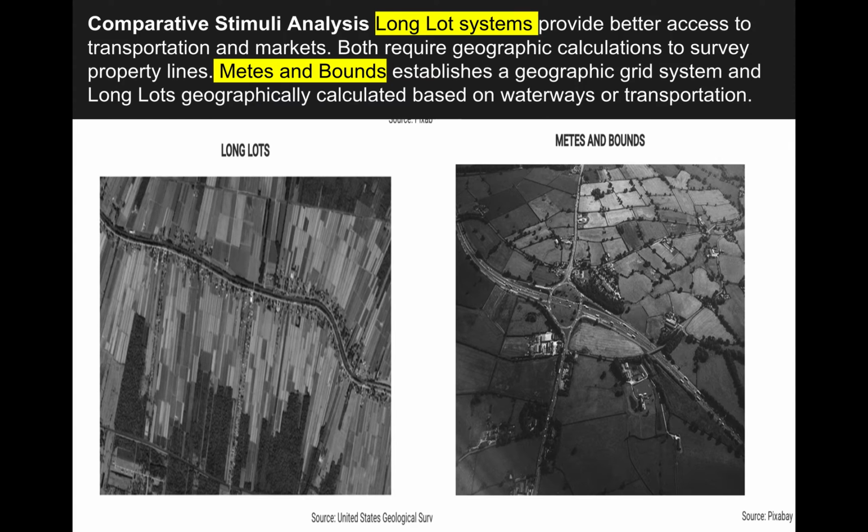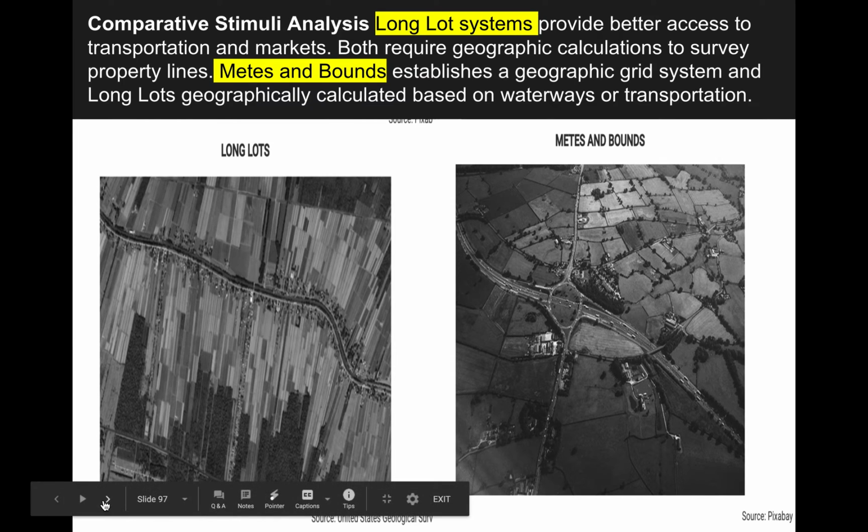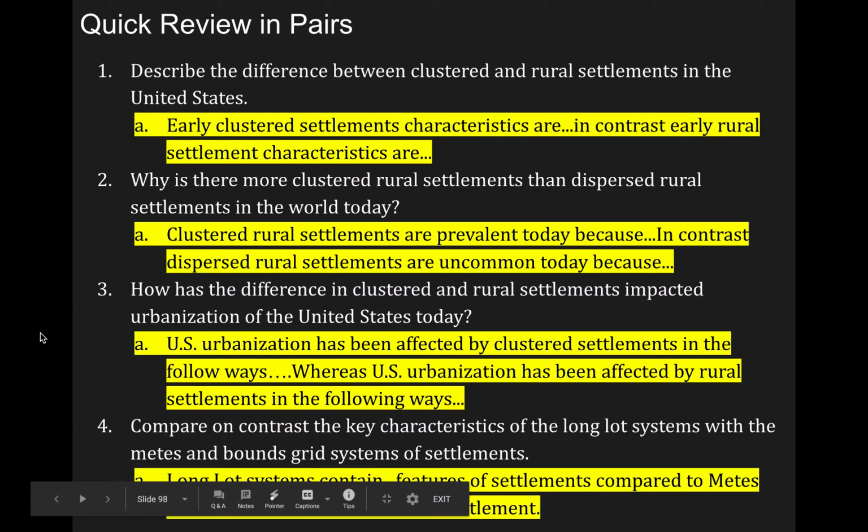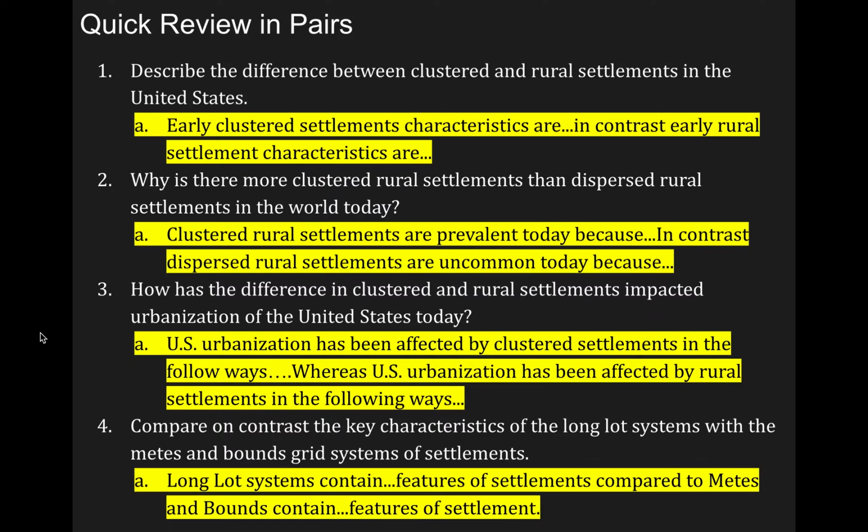They're created with grid systems. However, we see it in the United States, especially with the Northwest Ordinance of 1785 and again 1787, which creates grid systems. And within those grid systems, you'll see clustering towards the center. All right, quickly think about what we've covered with early settlements.